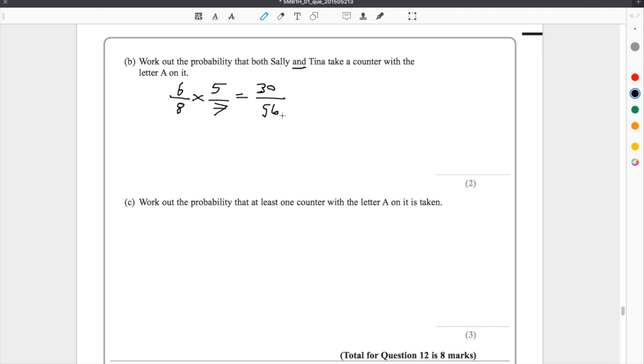Okay? Which is simplified down to 15 out of 28. Okay? So we could write that as 15 out of 28, or as a decimal, but I'm going to leave it in this form.